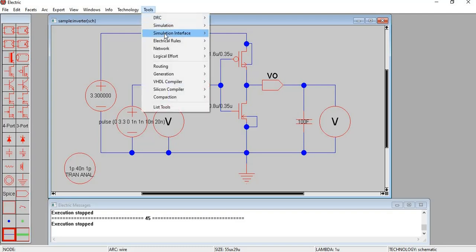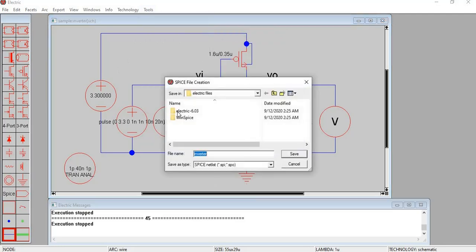So tools, simulation interface, write SPICE deck. Files, all files. Let us just name it inverter transient.cir.